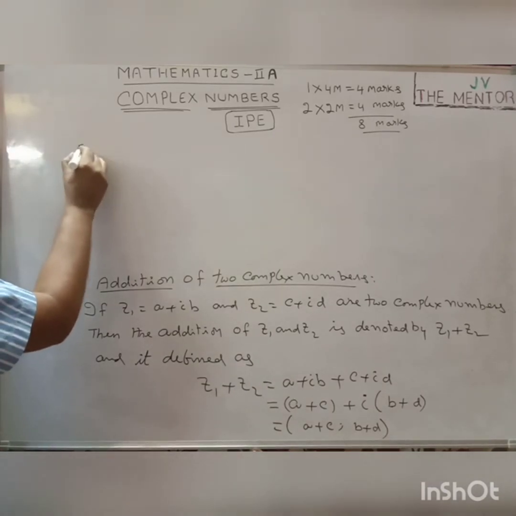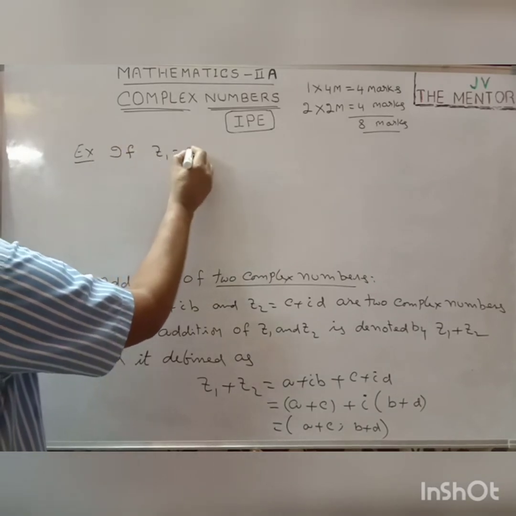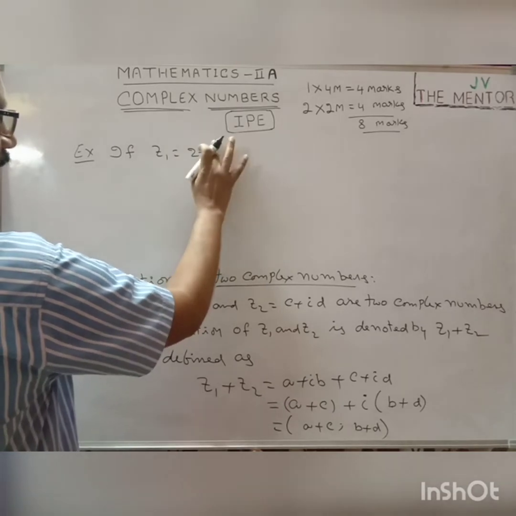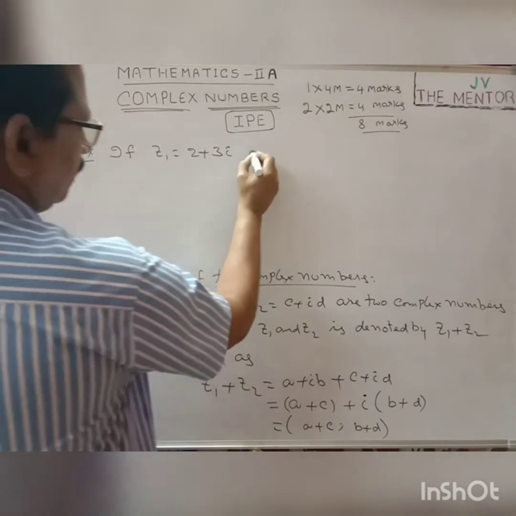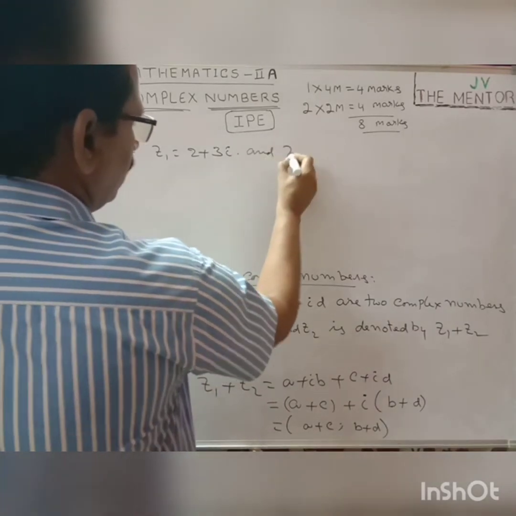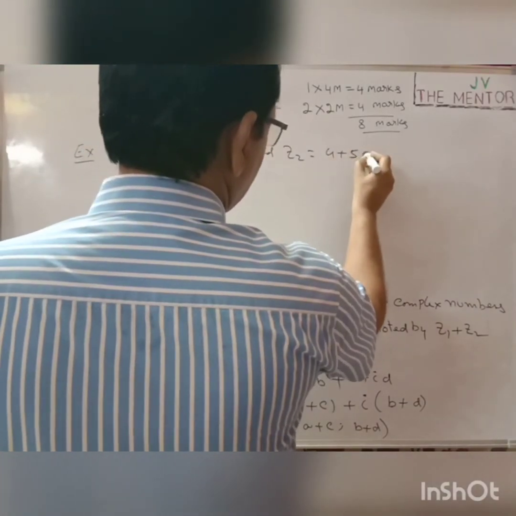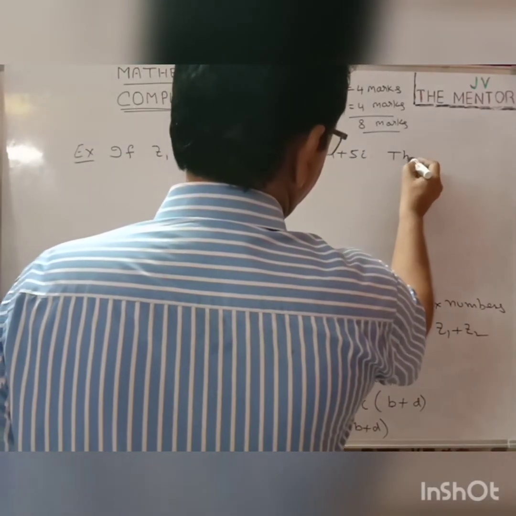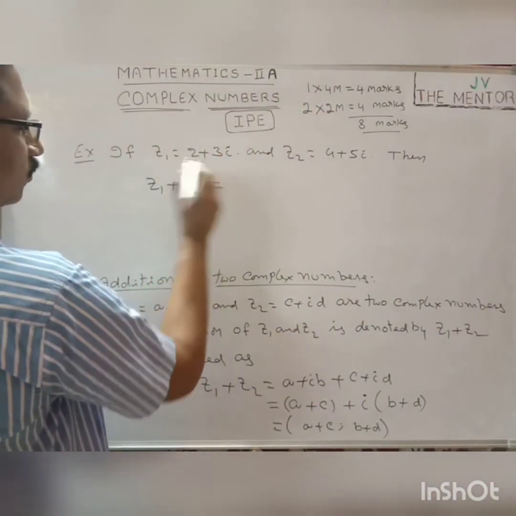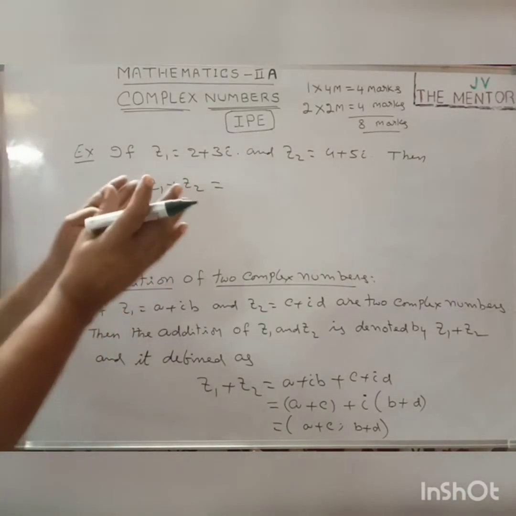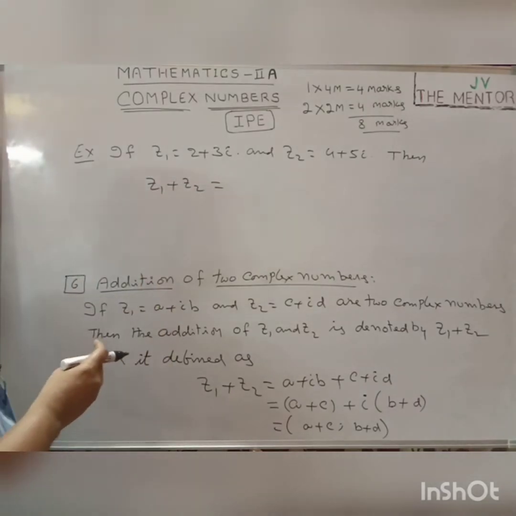Example. If Z1 equal to 2 plus 3i and Z2 equal to 4 plus 5i, then Z1 plus Z2 equal to adding real parts and adding imaginary parts separately.